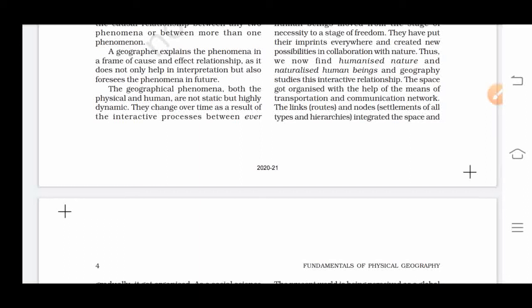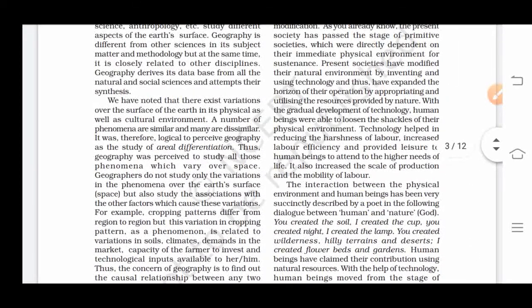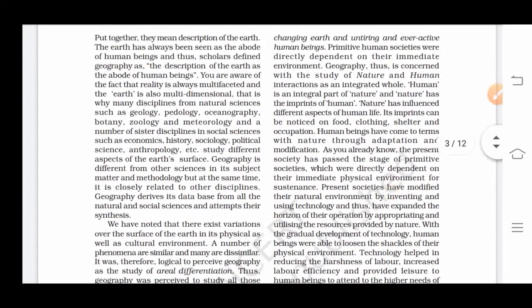Okay, so this change in the geographical features has been brought about by two important concepts. Here, if you read your NCERT textbook, they have two important concepts of how this dynamic relationship between man and environment has changed. I'll just explain it in my words in a very short manner. You can always read the book for a better understanding.